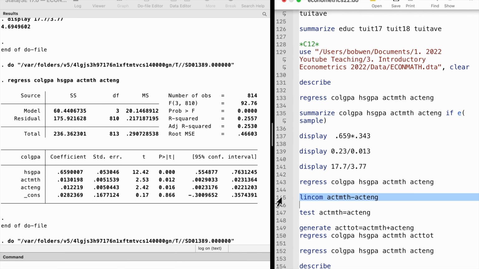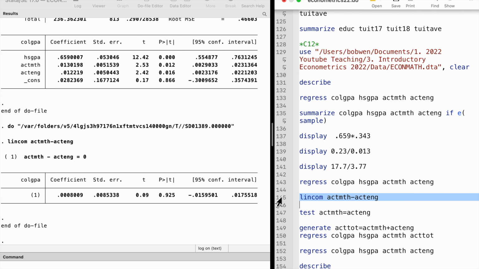We can use the Stata command lincom to test the linear combination of the parameters. We type lincom followed by the linear combination to do the t-test. The t-statistic is tiny, 0.09, and its two-sided p-value is 0.925.